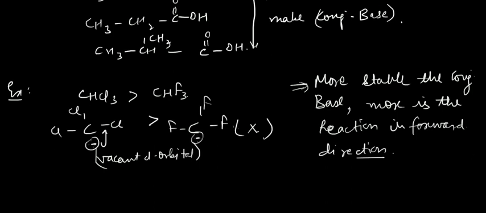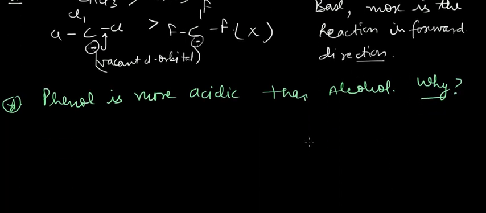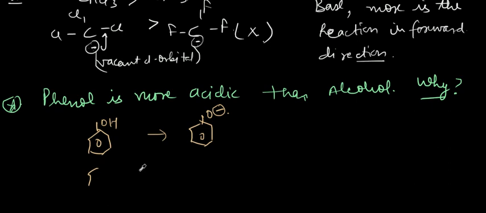Okay, so just remember the fact that phenol is more acidic than alcohol. Why? Because if you look at phenol's conjugate base, it is O minus, and if you look at the conjugate base of alcohol, it is O minus.